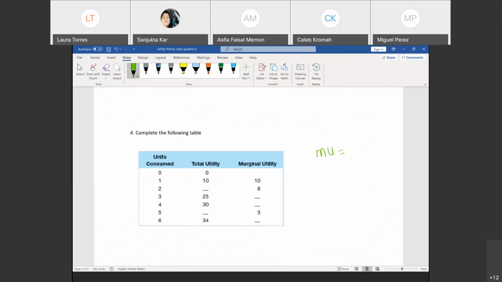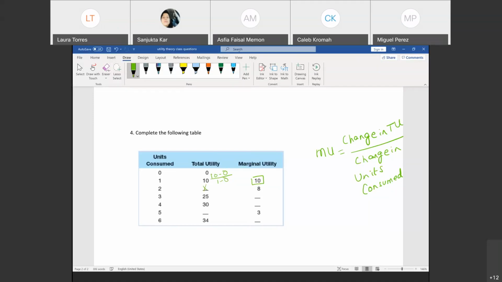marginal utility, which is change in total utility over the change in units consumed. So this 10, I'm going to get this as 10 minus 0 over 1 minus 0. Now this one is blank.